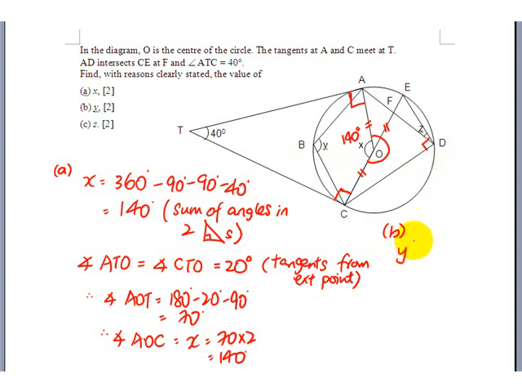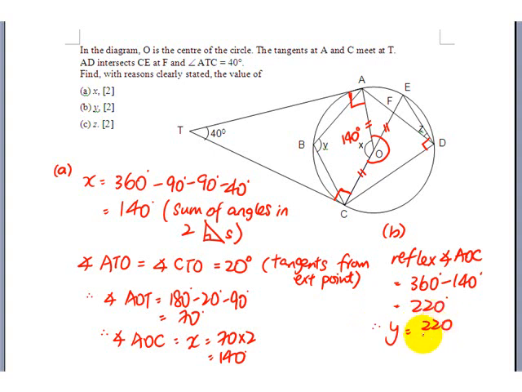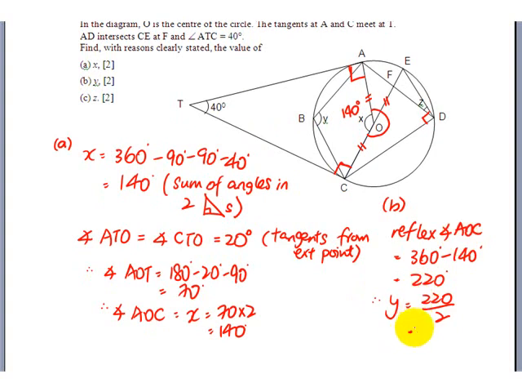Before we can find angle y, I'll need to find out what the reflex angle AOC equals to. You can find it easily since you have found out the value of x just now. So it's 360 minus 140, which will give you 220. So therefore, angle y is just 220 divided by 2 equals to 110.